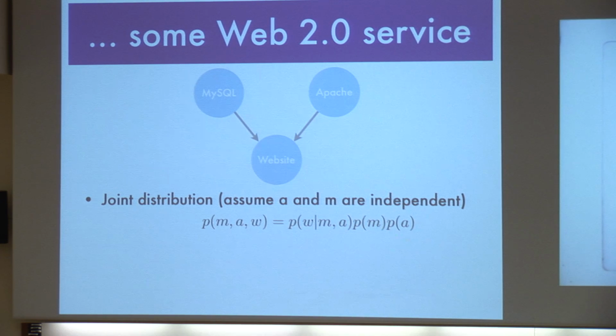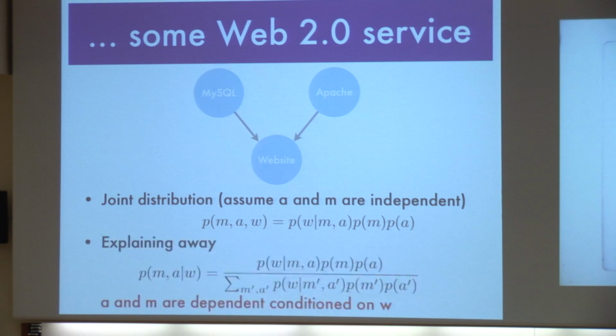Now that's of course not quite so accurate, because suppose I get a denial of service attack on the website, then maybe the database is going to get in trouble if I get too many requests, or somebody might hack the server. So this is a model, and it's not necessarily accurate, but it's an okay model.